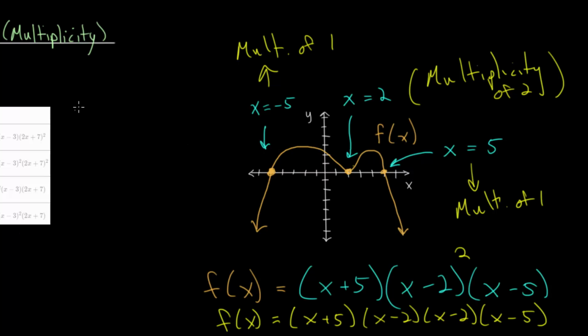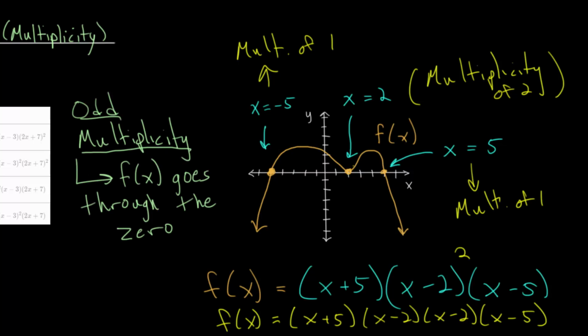So we can generalize this, like I mentioned, when we can say for odd multiplicity, the function goes straight through. So again, the function is just going to travel straight through, going from either a negative to a positive value, or vice versa, in this case, going from a positive value to a negative value at that 0, whatever that particular x value is. And for even multiplicity, it's going to come down and touch it, but then turn around and go back in the other direction.